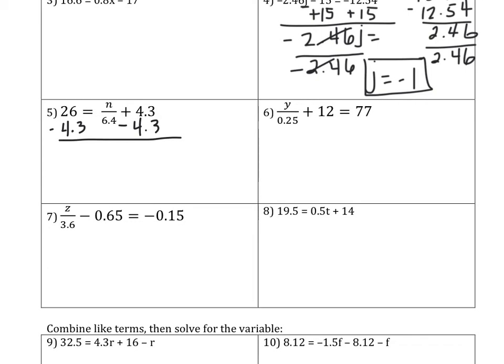And that is going to leave us with 21.7 equals n over 6.4, 6 4/10. So we need to get n by itself, so we want to multiply both sides by 6.4.